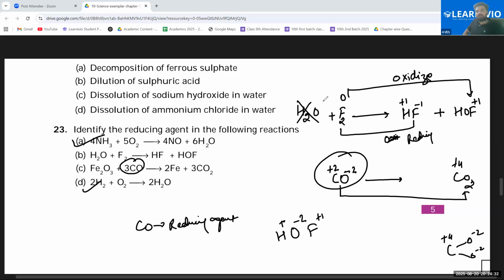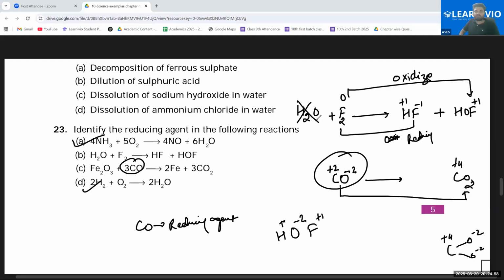But in general, if I ask you, non-metals are strong oxidizing agents, like chlorine is a strong oxidizing agent. But here, since it is oxidized as well as reduced, we'll say that it is a reducing agent also. Got it?